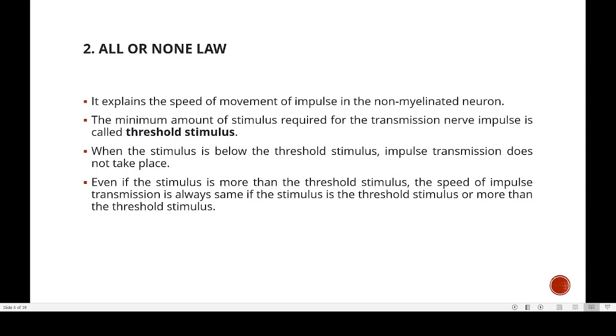So in order to develop an action potential, the stimulus must be of a certain particular intensity. If it is below that, there will not be any action potential, and that is known by the name threshold. This law explains that either the action potential takes place completely, or no action potential is taking place. That law is known by the name all or none law.